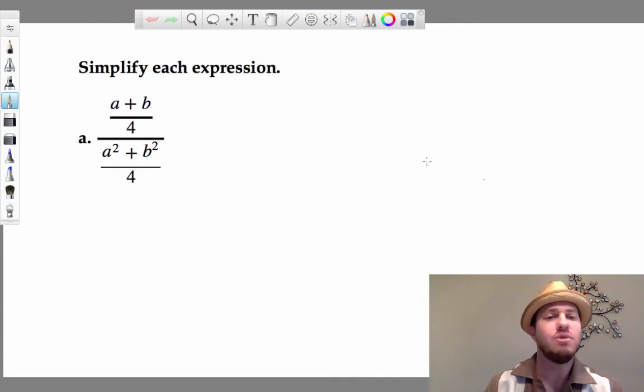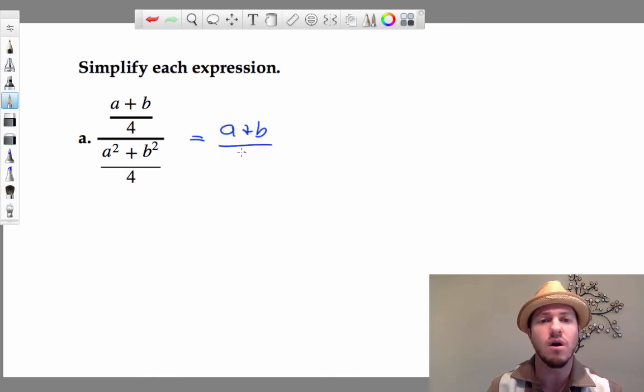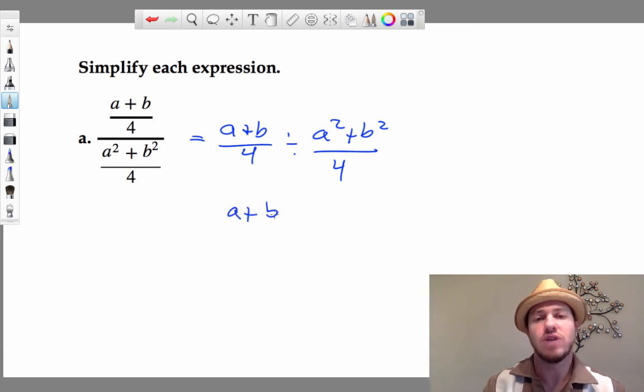And the last type you might see like this. All this is a division problem. It's a plus b over 4 divided by a squared plus b squared over 4. And that's it. Whenever you see it like this, change it to a division problem like this, and then you can multiply by the reciprocal.